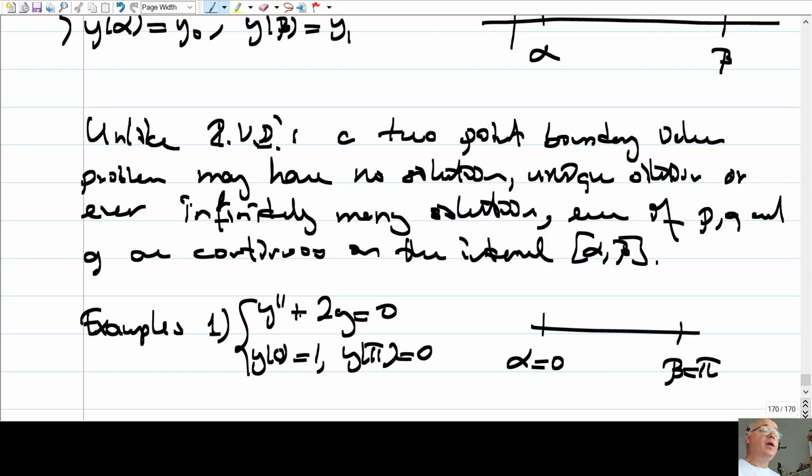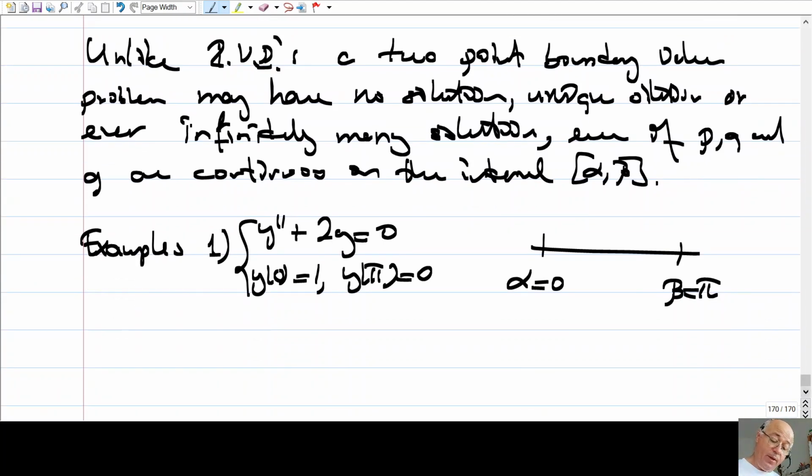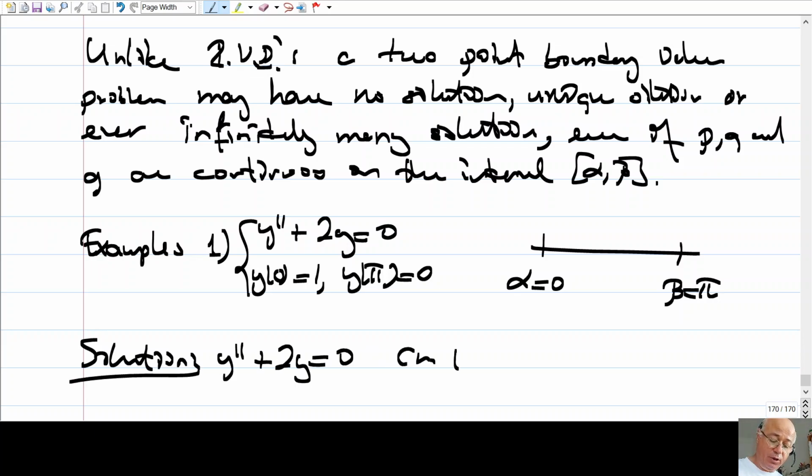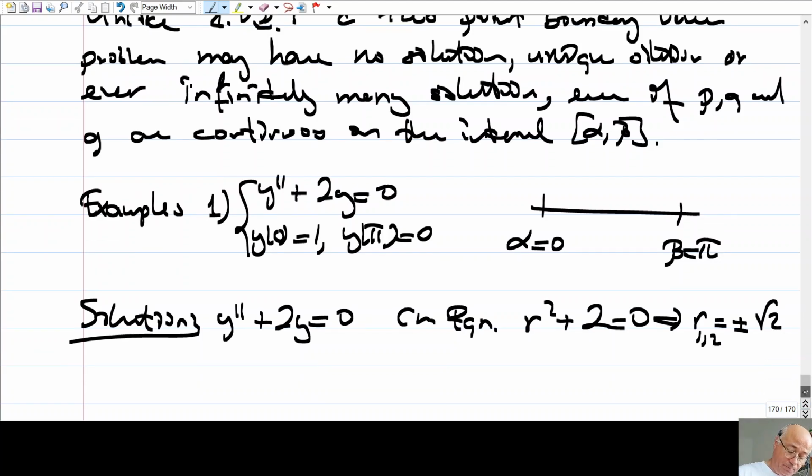And we look for a solution of the differential equation y'' + 2y = 0 passing through the points (0, 1) and (pi, 0). All right, so how can we solve this? Well, I know how to solve the differential equation, right? It's a constant coefficient homogeneous equation. We write down its characteristic equation, which is r squared plus 2 equals 0. From this, we see that r1,2 are just plus minus i root 2.